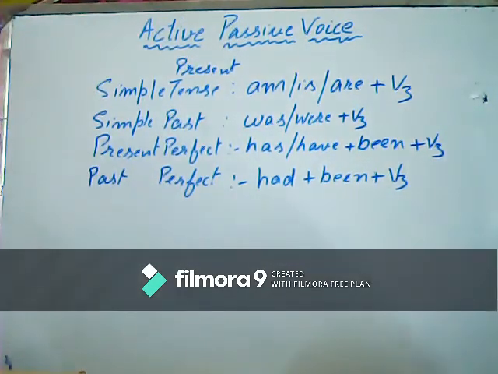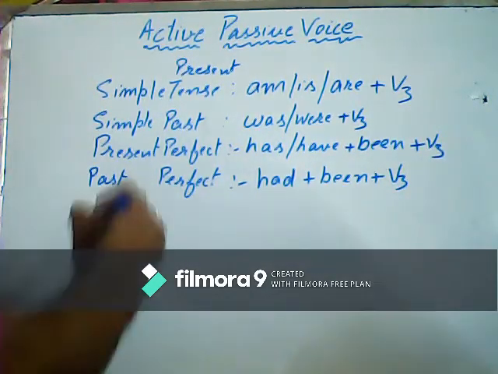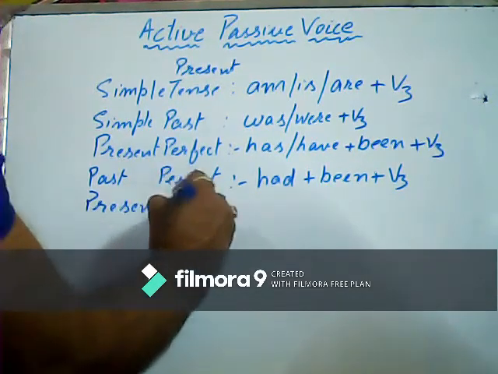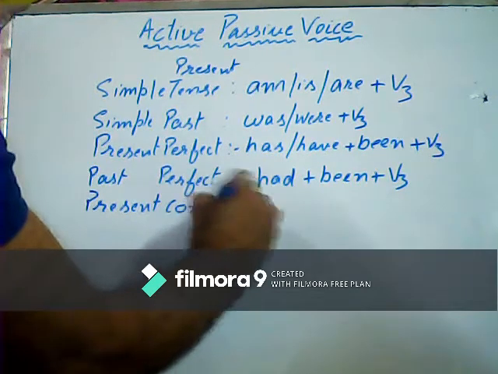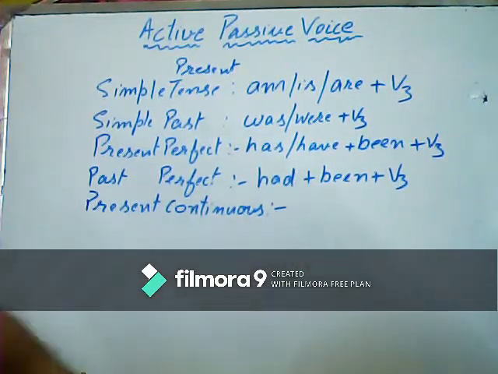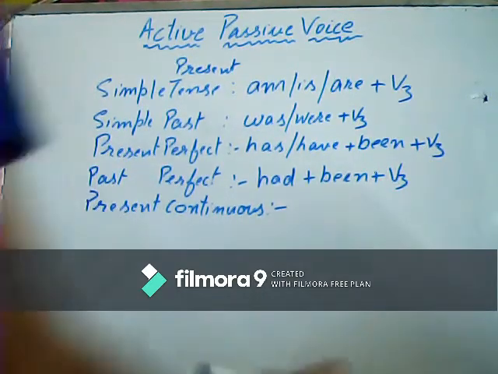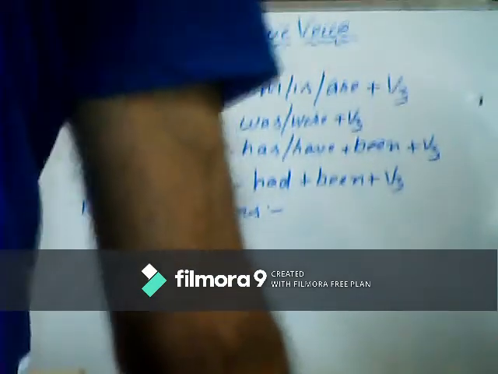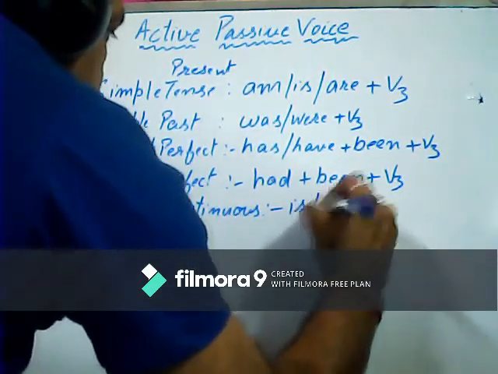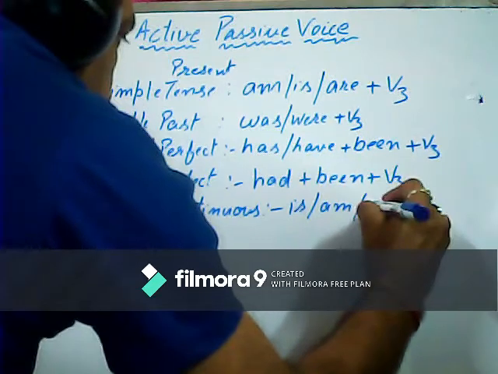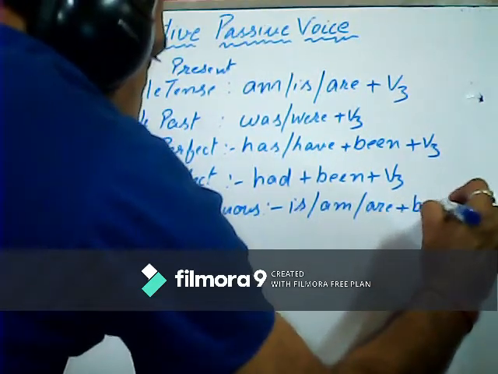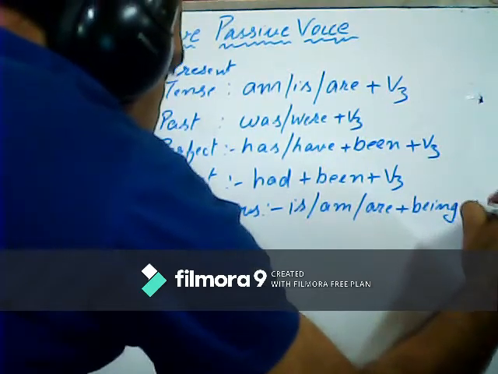Now for present continuous tense, we'll use is, am, are plus being plus the third form of the verb.